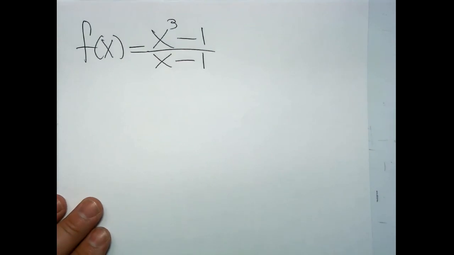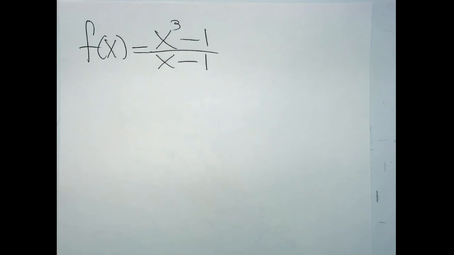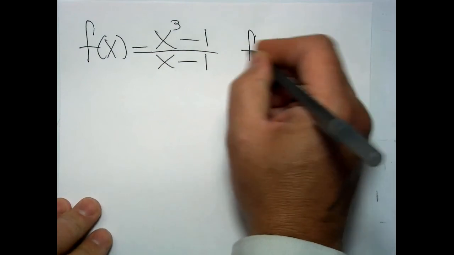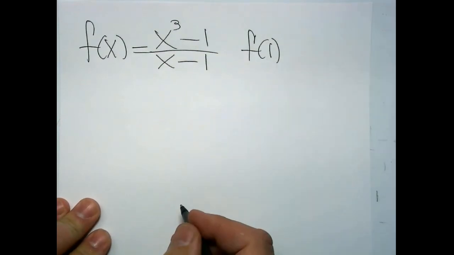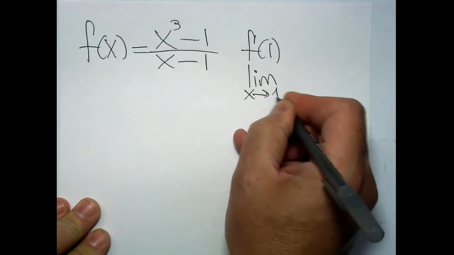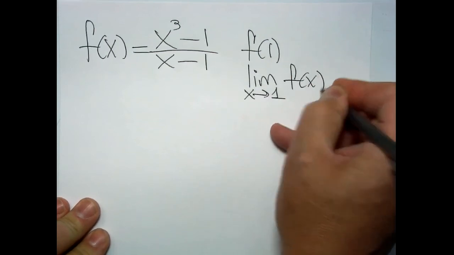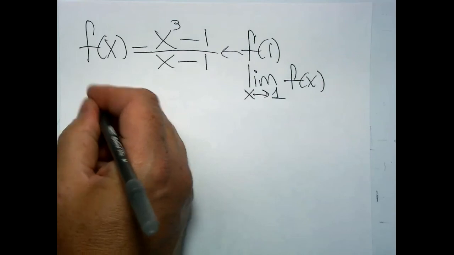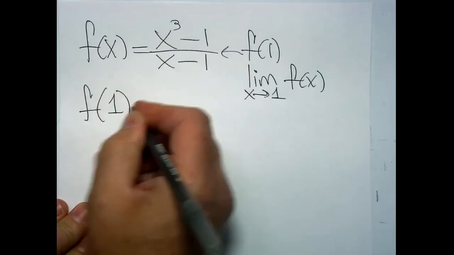And I would love to know what the f of 1 is, and then I'd also like to know what the limit as x approaches 1 on this function is. Now, to do the f of 1, it's simple substitution, so we'll plug it into the function and find out.